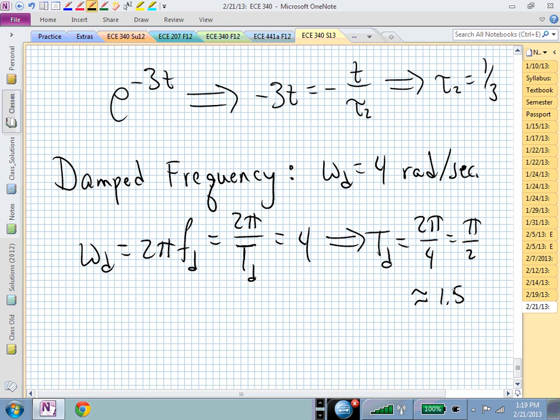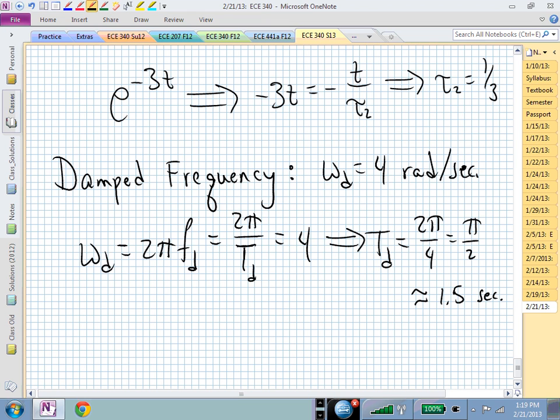And that's roughly 1.5 seconds, if I sort of approximate pi to be 3. It's a little bit more than 1.5. Are we okay with that? Now we know how long it's going to take to have one cycle of that damped oscillation happen. It's going to take a little bit more than 1.5 seconds for that to occur.